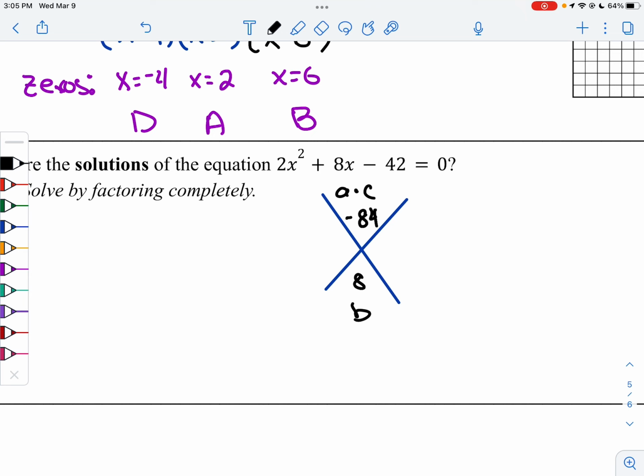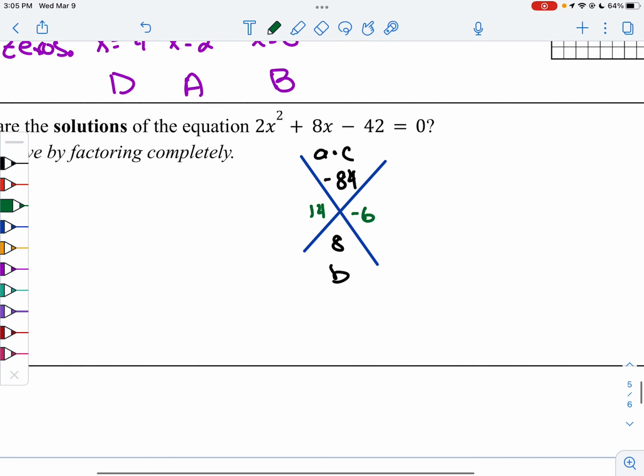Factors of 84 that get you 8. That would be a positive 14 and a negative 6.